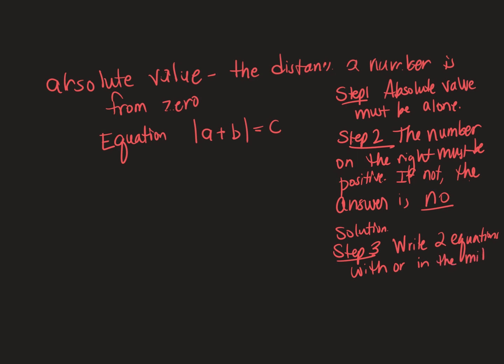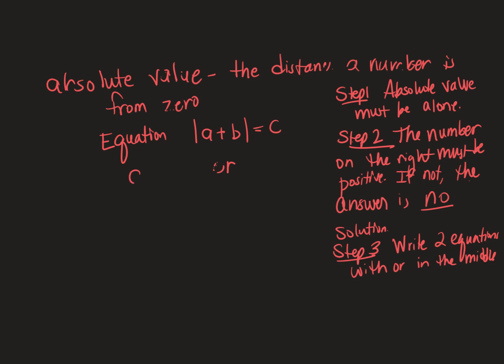So I want to demonstrate that. Pretending as if this is a positive, we know it's a positive, and we know this is alone. Then we can write our two equations with or in the middle.